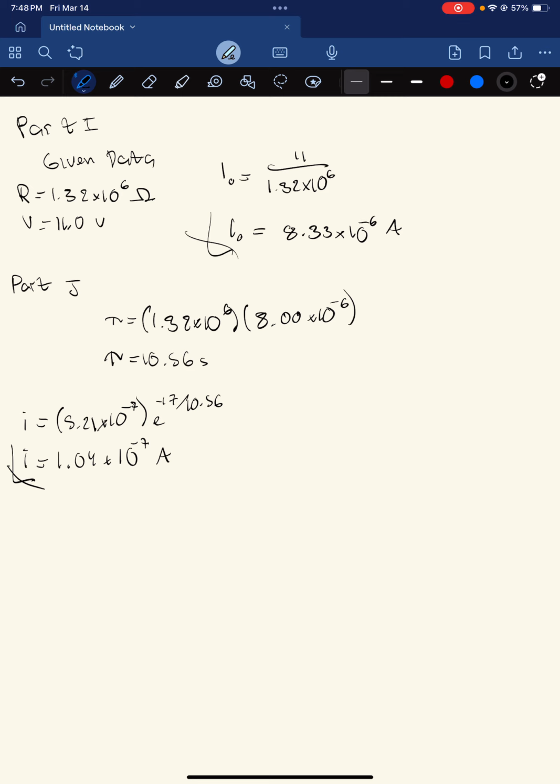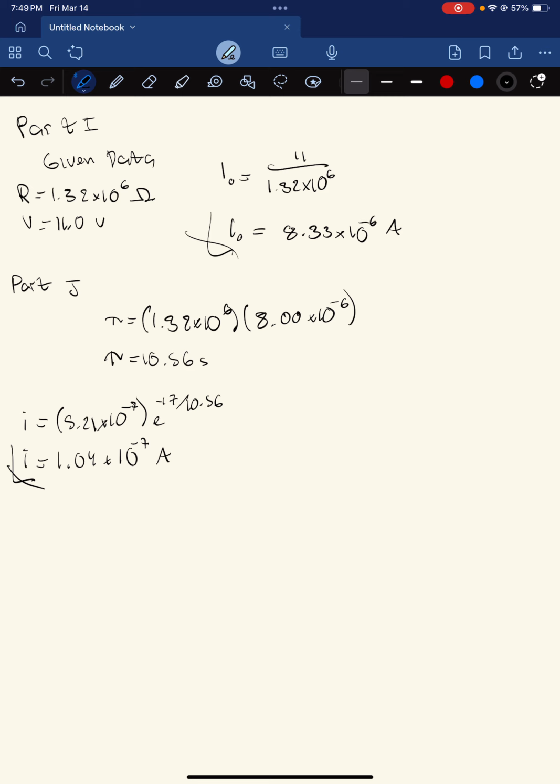For part K, you initially connect a discharged 6.40 microfarad capacitor in series with a 5 megaohm resistor and a battery with EMF of 12 volts.